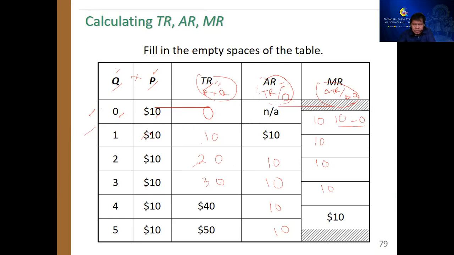The quantity here is 1 minus 0, which is 1, so 10 divided by 1 is 10. So it is the same procedure all throughout the following cells.